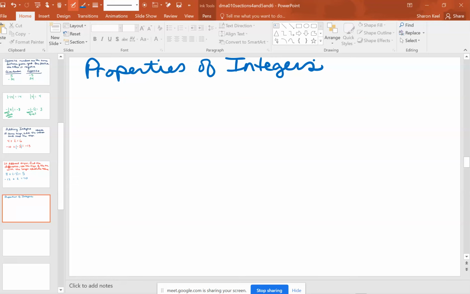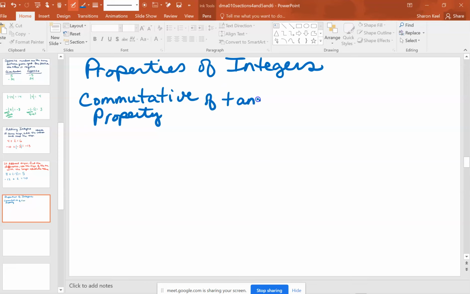And you will find a chart of all of these in your book on page 1-29. The commutative property applies to addition and multiplication.